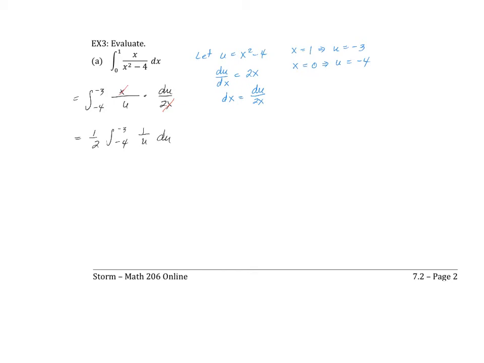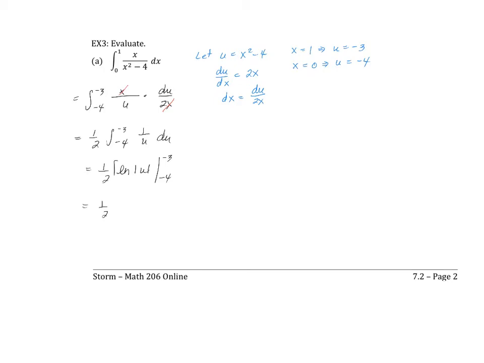And that would be our natural log. So we have 1/2 times the natural log of the absolute value of u, and we're going to evaluate this from negative 3 to negative 4, which is 1/2.